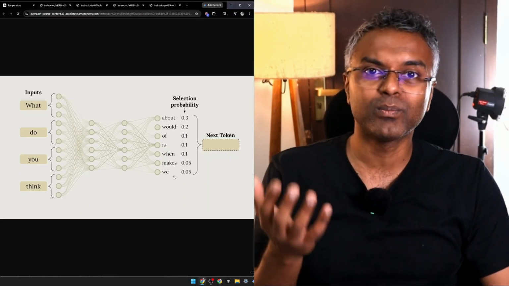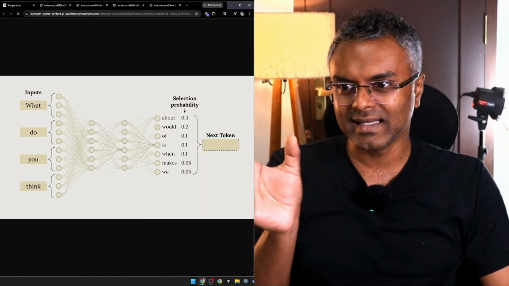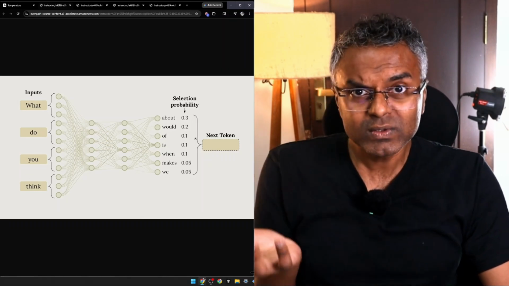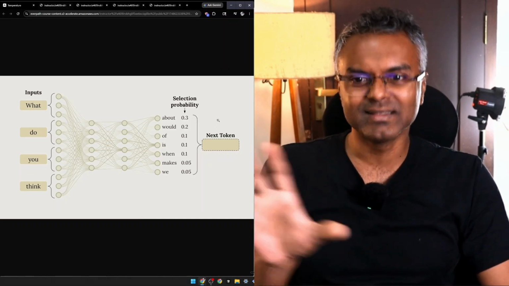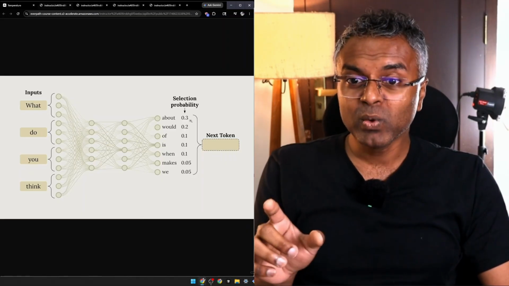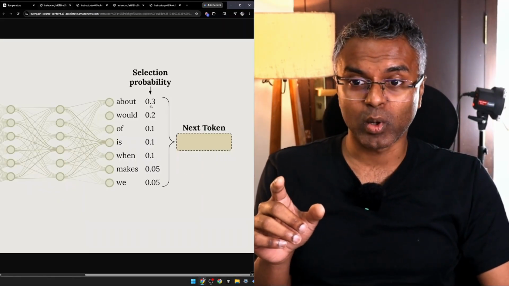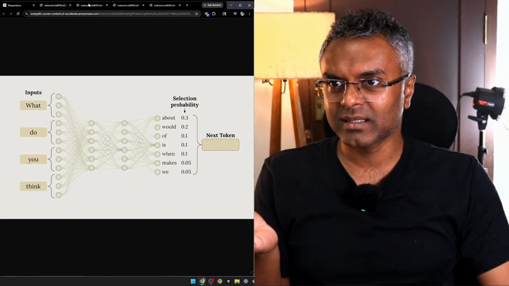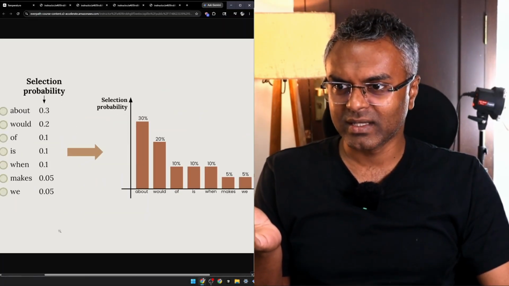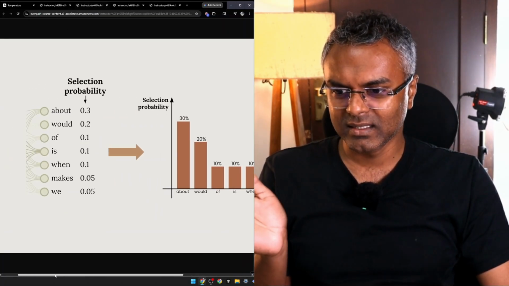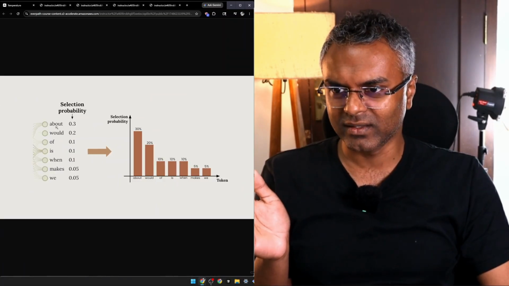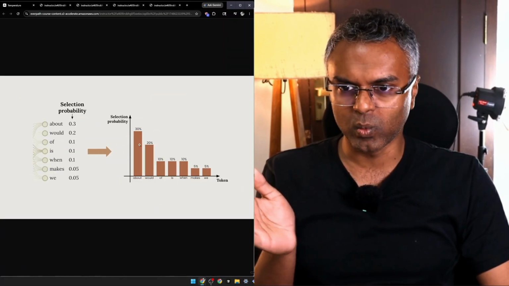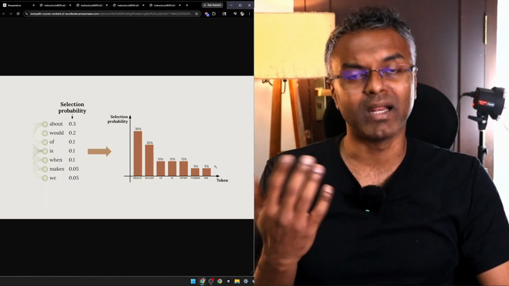So these are all different probable next words in this sequence. And it looks like, at least for this LLM, "about" seems to have the highest probability, right? We can even see this represented in this graph where the different words are shown in 2D. You can see "about" has 30% and "would" has 20% and so on, right?